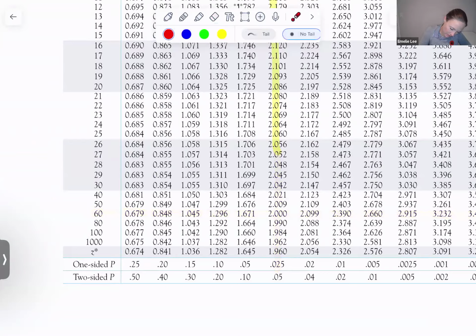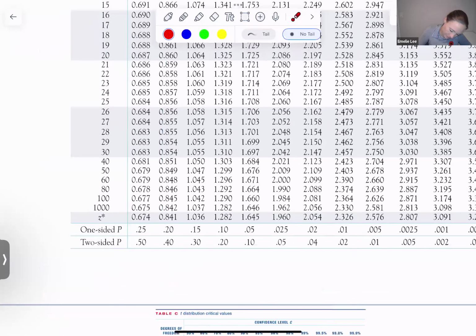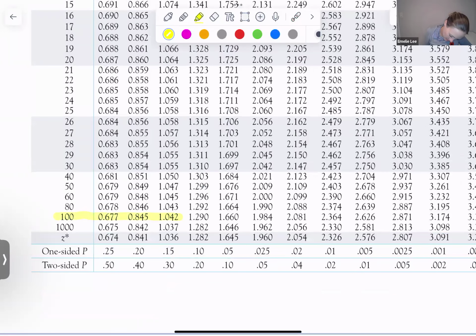So I had 199 degrees of freedom, and I'm choosing between 100 and 1,000. Well, I have to round down, and so that's why it has to be 100. So I have 100 degrees of freedom.